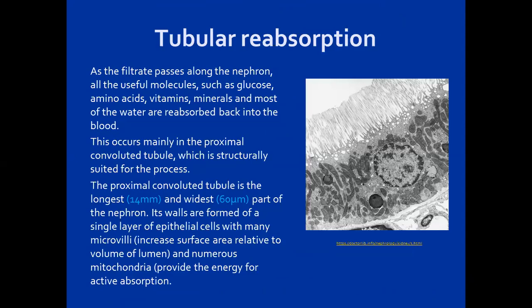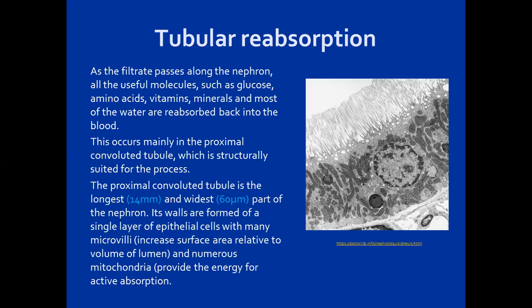So as the filtrate passes along the nephron, all the useful molecules such as glucose, amino acids, vitamins, minerals, and most of the water are reabsorbed back into the blood. It occurs mainly in the proximal convoluted tubule, which is structurally suited for this process.